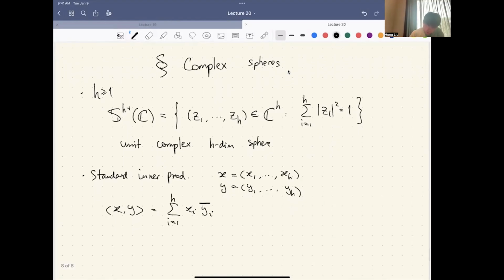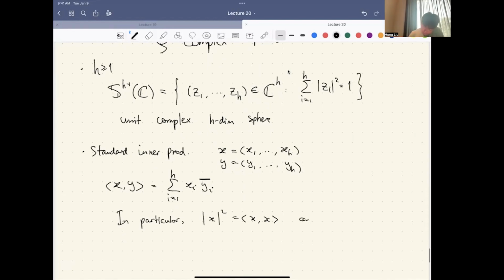In particular, the norm of x squared equals the inner product with itself.